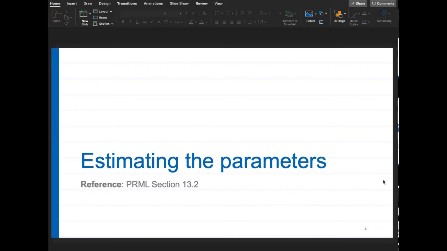Why does the EM algorithm work on discrete latent variables? Because of the Jensen inequality which we had discussed, right? EM algorithm is based on Jensen's inequality, because using Jensen's inequality only you formulate that auxiliary loss function or objective function.